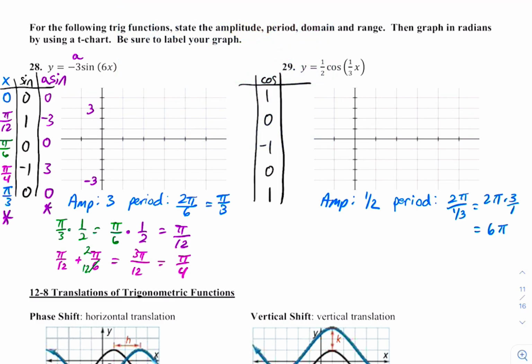And then the tick marks will just be those x's. So pi over 12, pi over 6, pi over 4, and pi over 3. And I'm starting at 0, 0. And then pi over 12, negative 3, back to 0, up to 3, back to 0. So notice how my sine graph started down this time when we graphed instead of up. So again, that's happening because of this reflection.